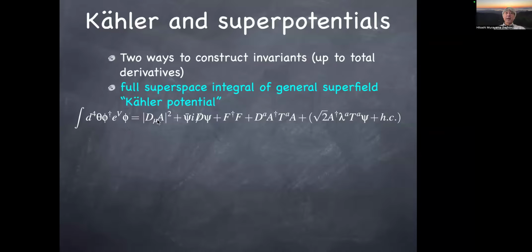And if you just work it out, you get the usual kinetic term for the complex scalar field with the correct covariant derivative for the gauge field. You get the usual kinetic term for the Weyl fermion, again with the correct covariant derivative, including the gauge field. And F, I told you, doesn't have a kinetic term.